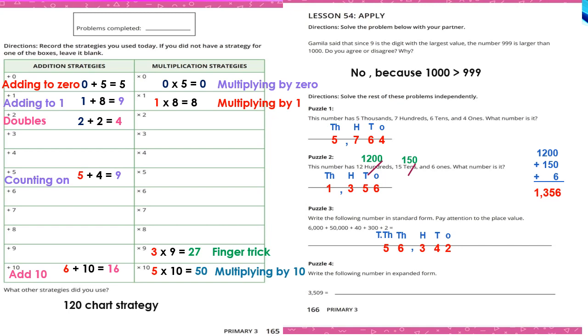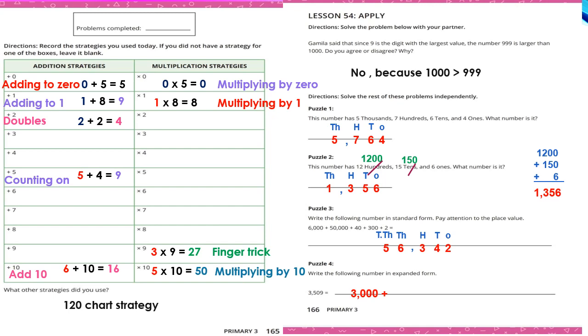The last one, write the following number in expanded form, the opposite of the previous example. We wanted to put each digit by its value. 3 here in which home? 1000. Yes. So put 3 with 3 zeros.